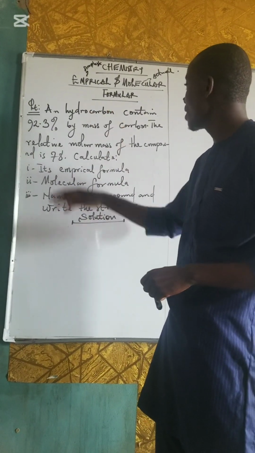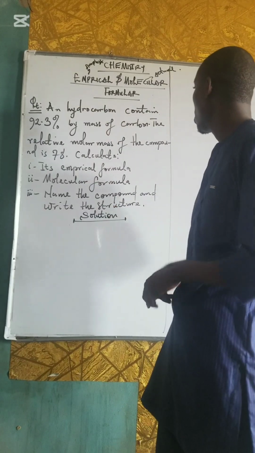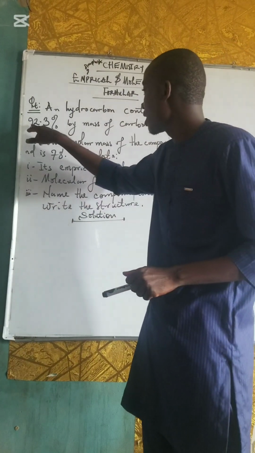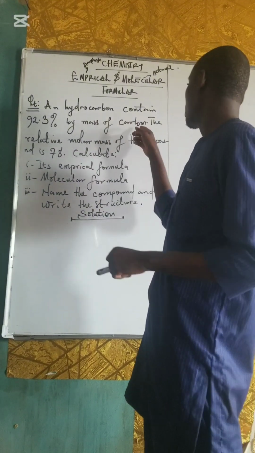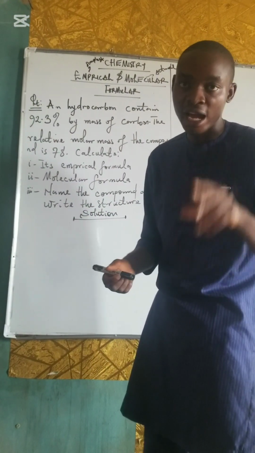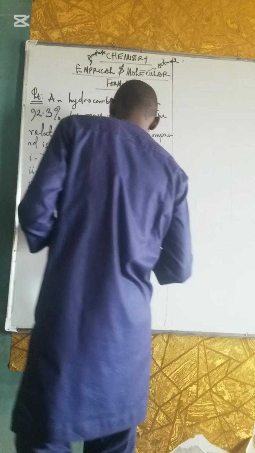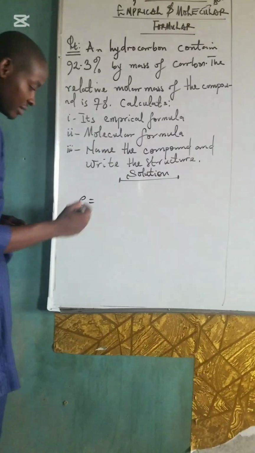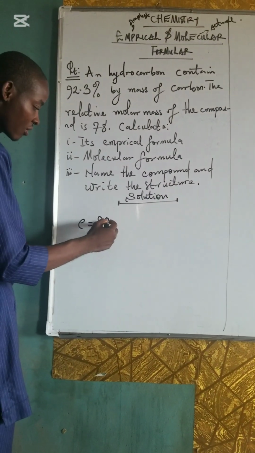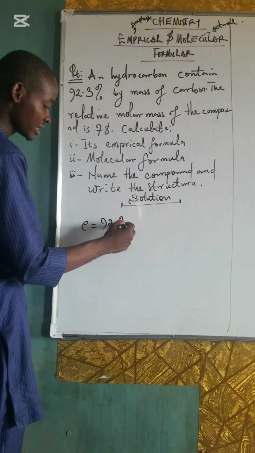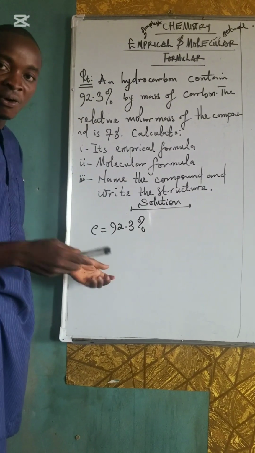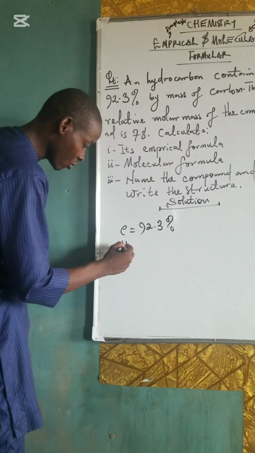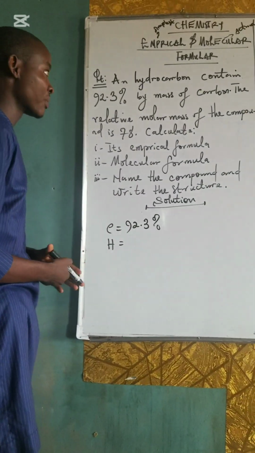So as you can see, you are given the proportion by mass of carbon, that is 92.3% of carbon is present in that hydrocarbon. So to solve this, the carbon takes the proportion of 92.3%. So which means the remaining proportion will go for hydrogen, which is the second element present in the hydrocarbon.